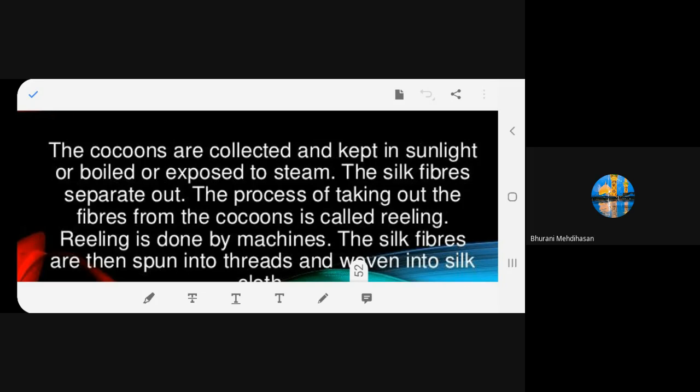The silk fiber separates out. The process of taking out the fibers from the cocoon is called reeling. Reeling is done by machine.